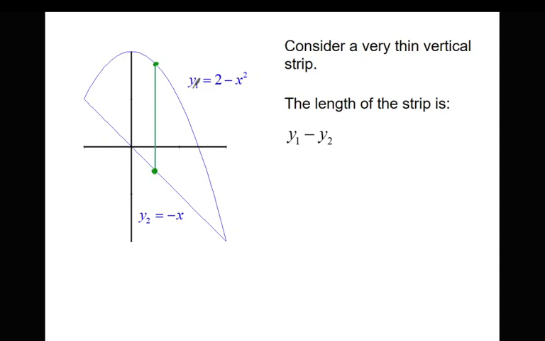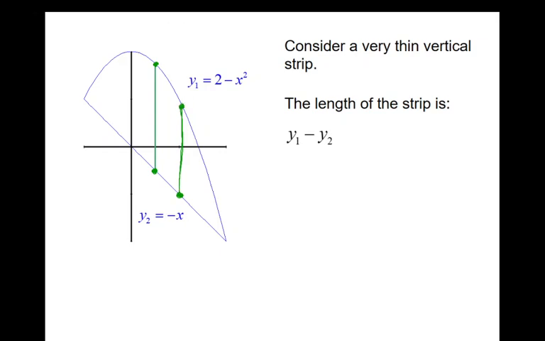It's y1 minus y2. So if I pick any spot here, it's still going to be y1 minus y2. It's this distance. Okay? So that's my length. So plugging in my functions, I can plug it in and look like this. So this is the length.